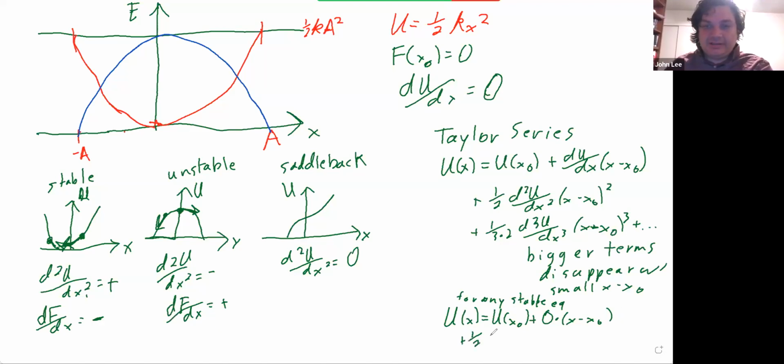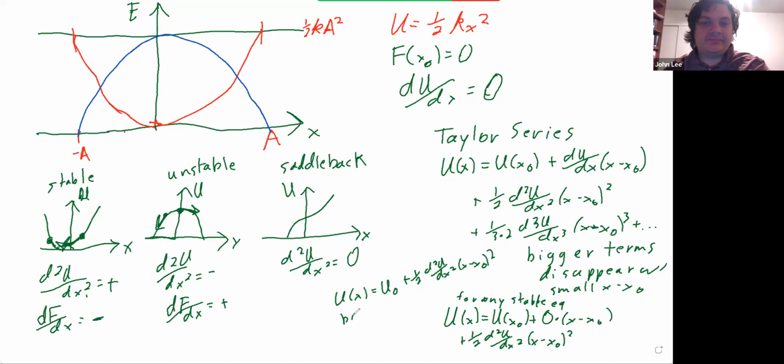Then this basically becomes u of x equals u naught plus some factor 1/2 d squared u dx squared times x minus x naught squared, which is basically the spring potential energy.